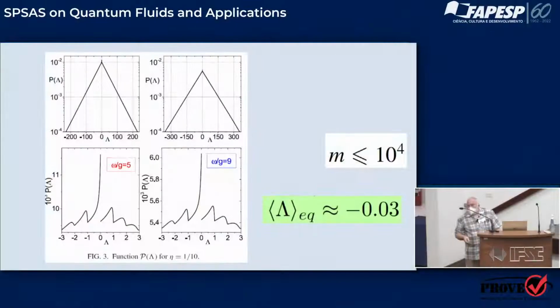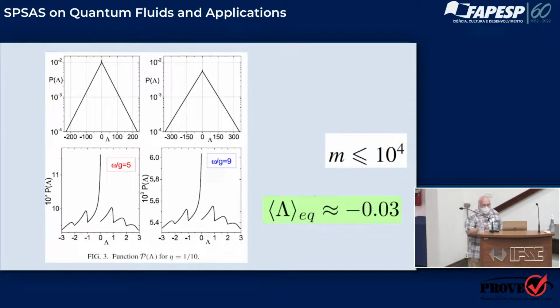The mean value of this lambda is minus 0.003. And the function is completely symmetrical, only some fine structure nearby zero. And exactly this fine structure gives us small non-zero magnetization.